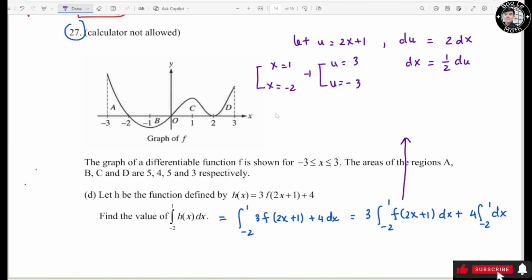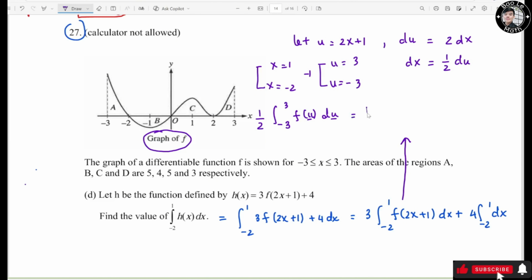So this becomes the integral from negative 3 to 3 of f of u du. Now I have 1/2 here, I put 1/2 in the front. So now I can use this graph to find the area under the curve. Remember this must be the same in order to use this graph.